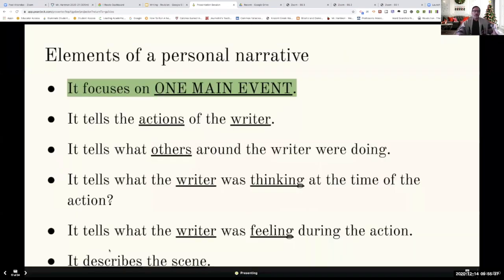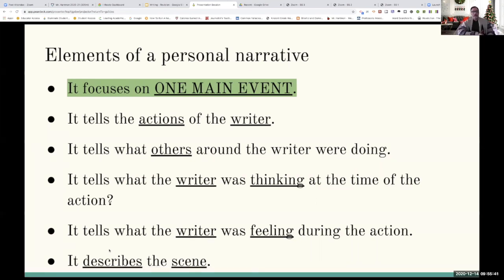If we go back and take a look at the elements of personal narrative, we talked about all of these different things that go into that. First and foremost, it focuses on one main event. It's really easy to get off topic when we're discussing something, so it's important that we focus on one main event and not several.